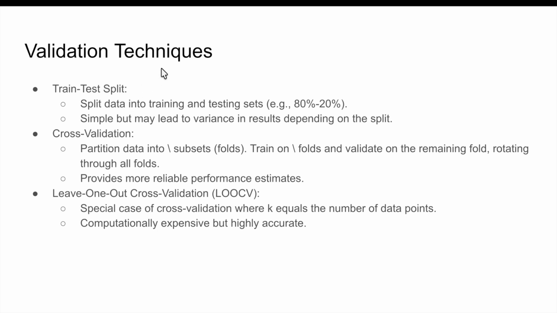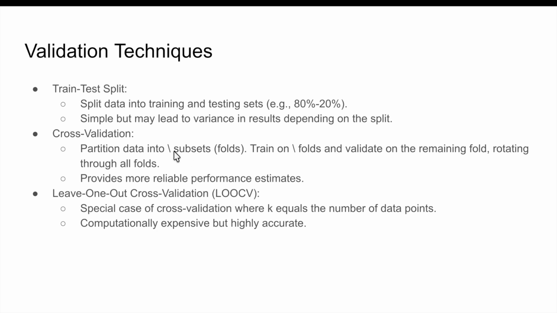Then there are the validation techniques. The train-test split. Usually, training and testing sets are divided in an 80 to 20 ratio. This may lead to variance in results depending on the split. Cross validation is when you have less data, then you use the same data by dividing it into subsets based on random sampling. So you use the same data, but the subsets are different.